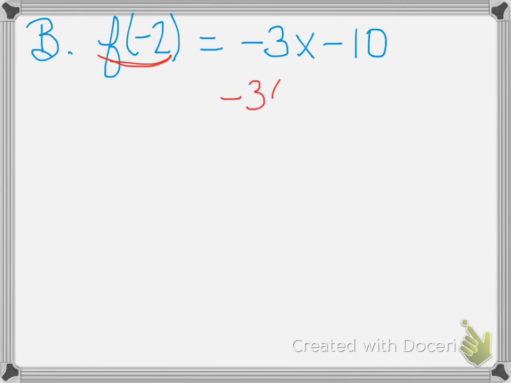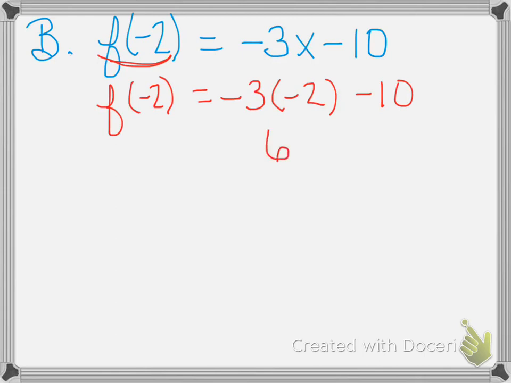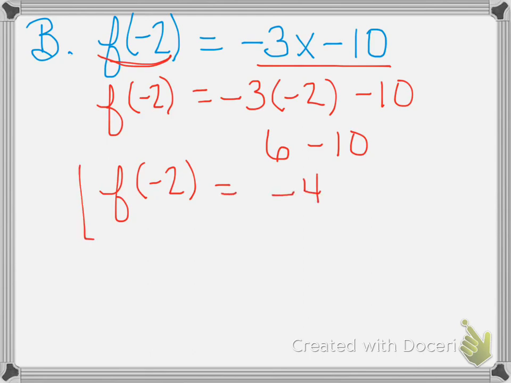So negative 3 times negative 2 minus 10 is going to give us our output when our input is negative 2. So negative 3 times negative 2 gives us 6 minus 10. So f of negative 2, when our input is negative 2, is going to give us a negative 4. This would be our answer.